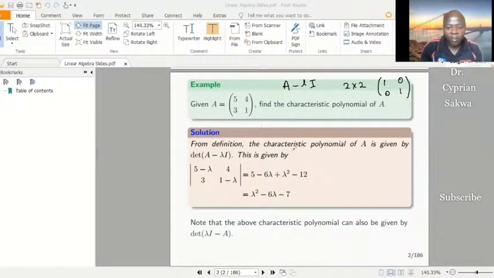That is the definition of the characteristic polynomial. So we get the determinant of this, and that's what I've written here.